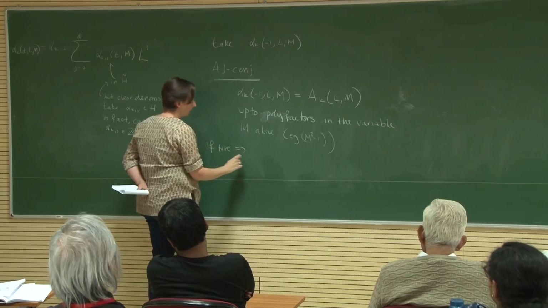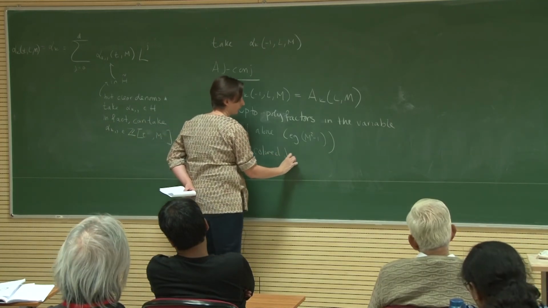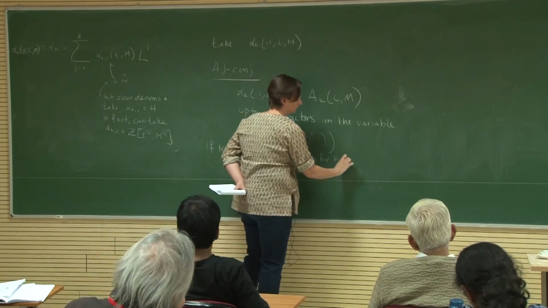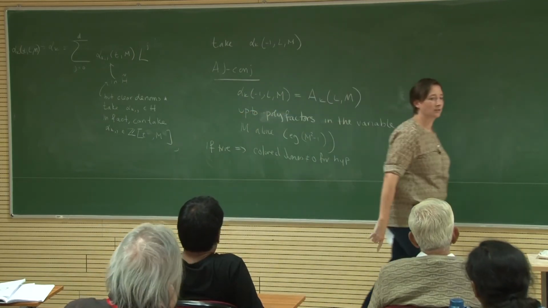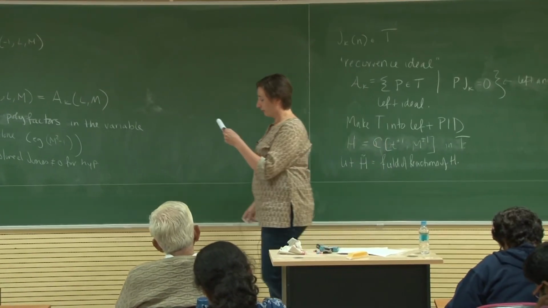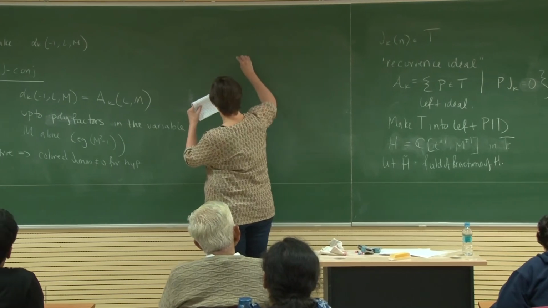So it would imply that the colored Jones isn't 0 for hyperbolic knots. Just to see how it might relate to things. And this is known for torus knots.